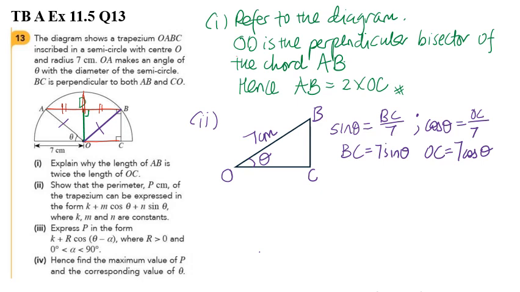All right, so why is this angle theta? Okay, because you will see that if this is 90, this will be 90, right? So this angle will be 90 minus theta.